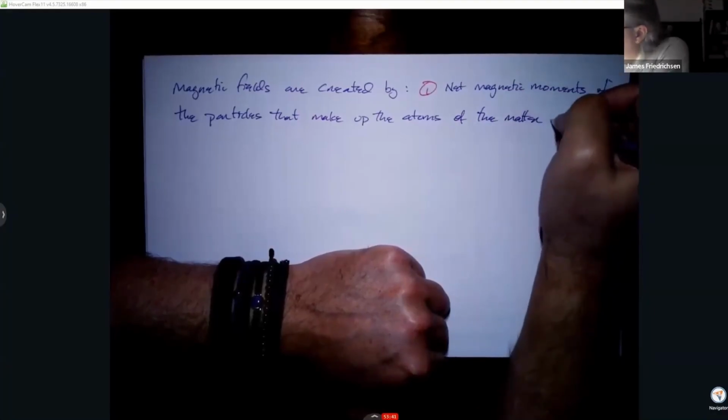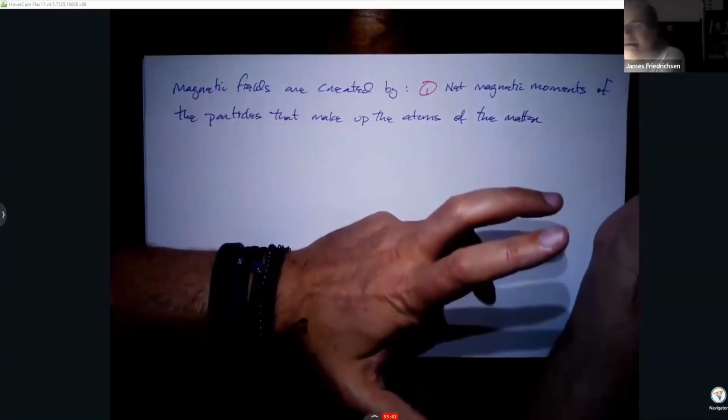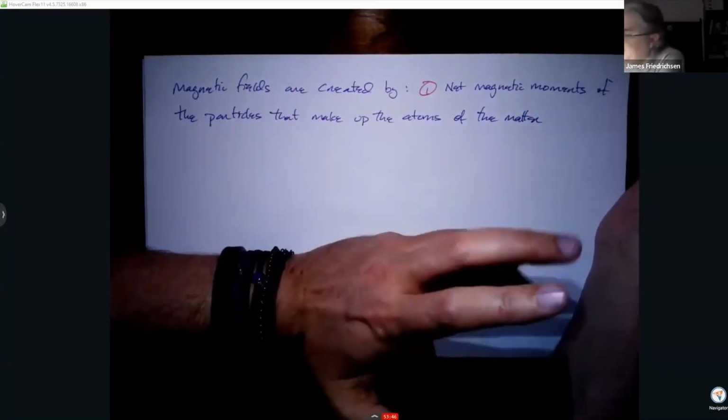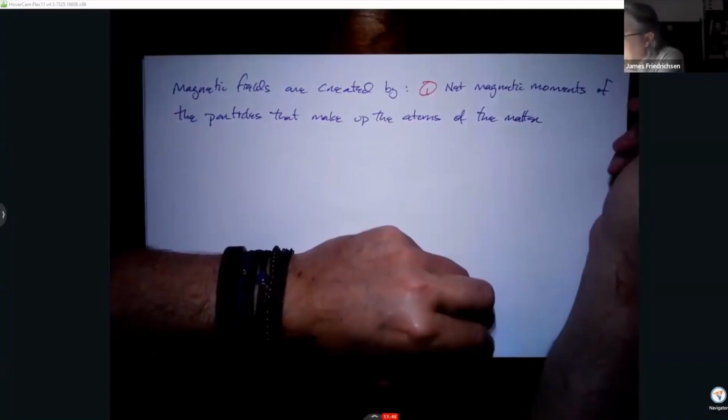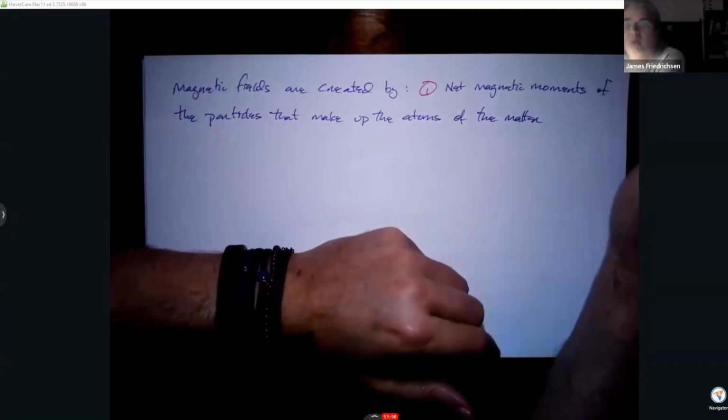So this is your standard: we have a magnet, we have some sort of ferrous material, so they have net magnetic moments.